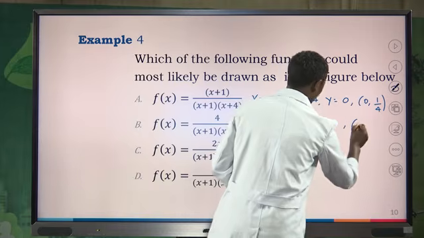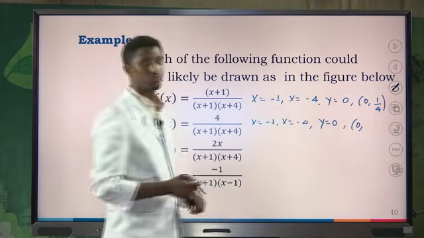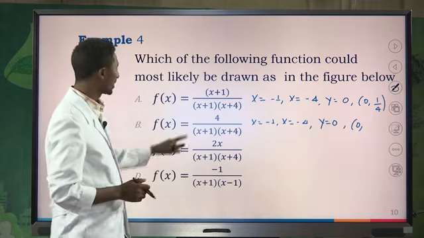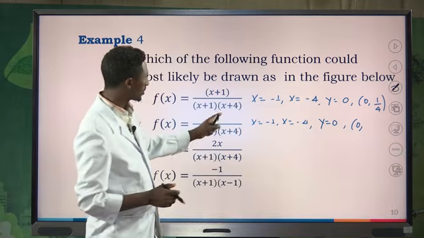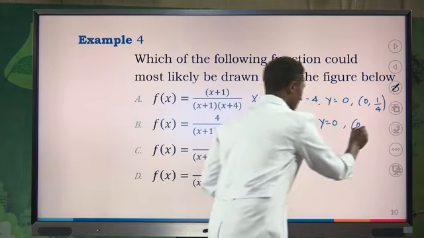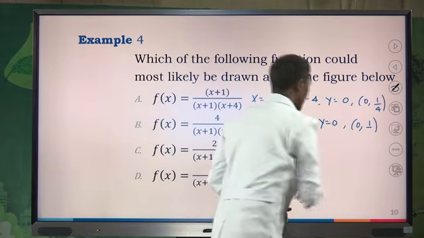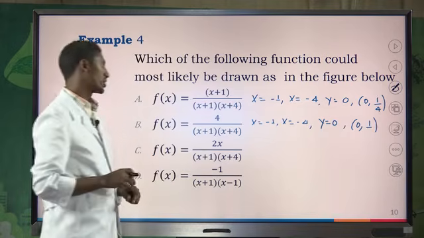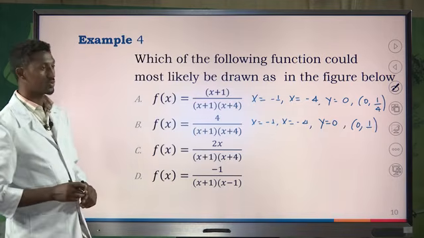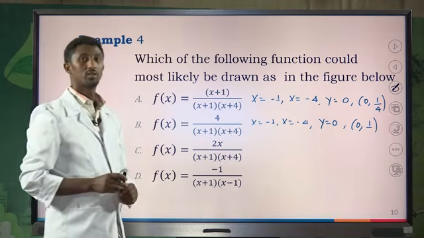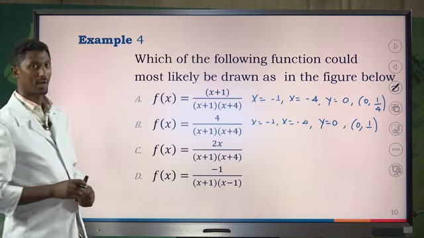And at x equals 0, what is the value of y? That's the y-intercept. So 0 plus 1, 1 times 0 plus 4, that's 4. So 4 over 4 is 1. So x equals minus 1, x equals minus 4, y equals 0, and (0, 1) is the y-intercept.